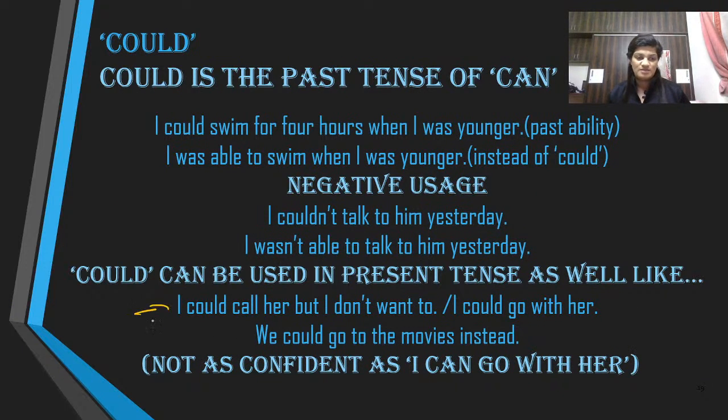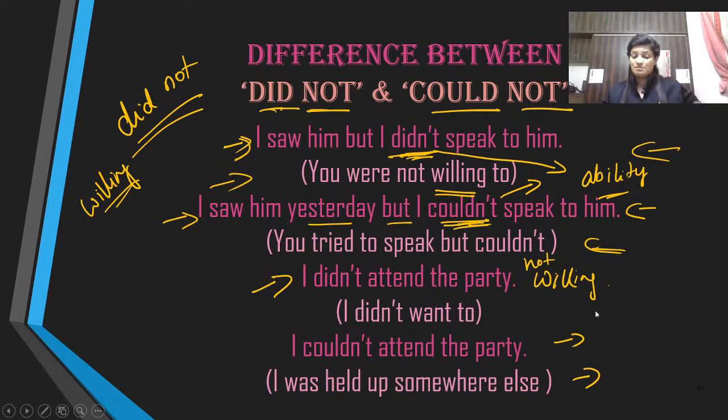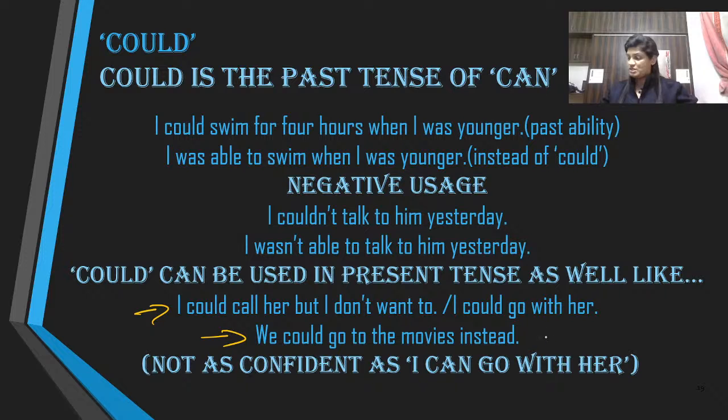And this one is what you were asking, Richa. I could call her, but I don't want to. Here we have used it in present tense. This has been used in present tense, which says, I could call her, but I don't want to, talking about a present action. And we could go to the movies instead.